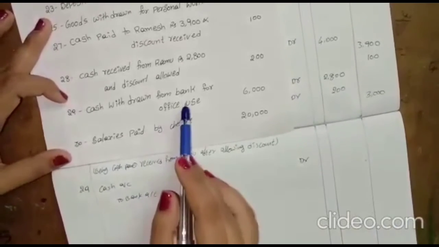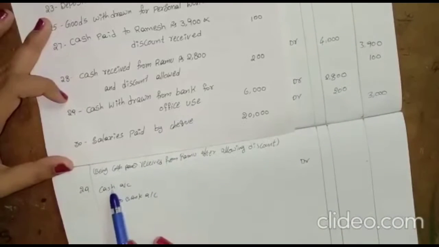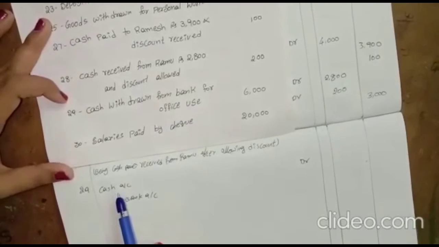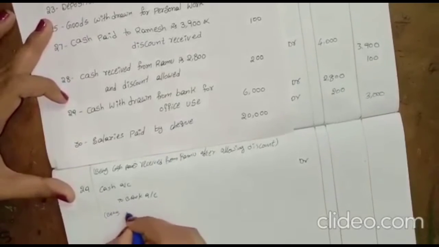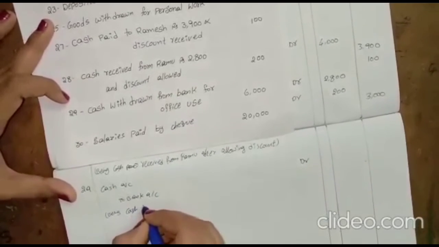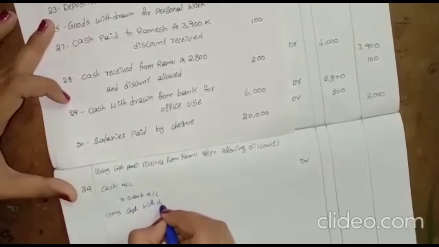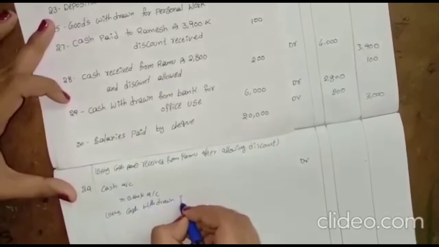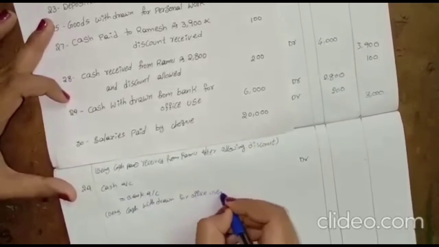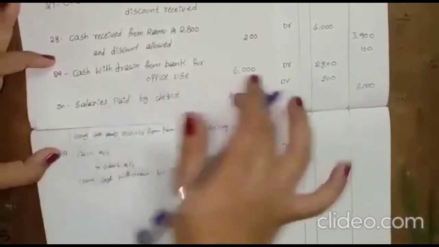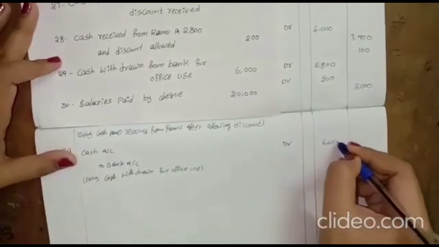If it is personal use, then it will be a drawings account. The narration is being cash withdrawn for office use. The amount is 6,000.